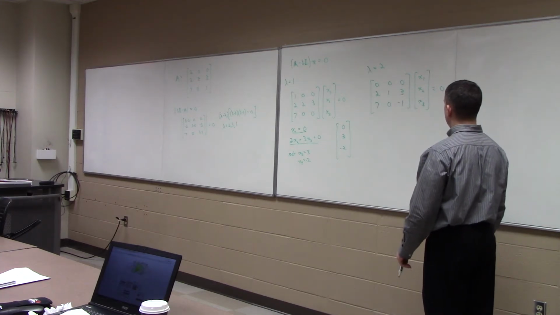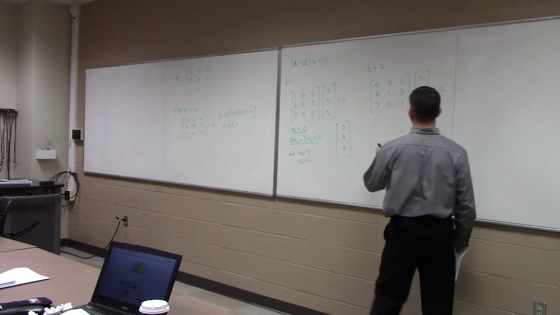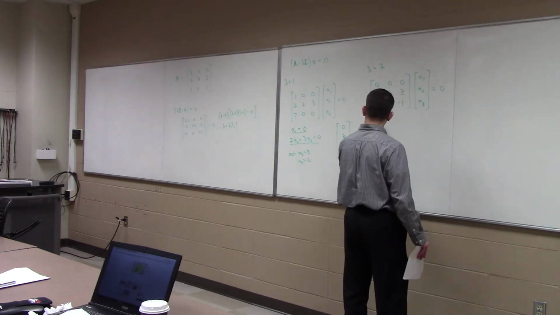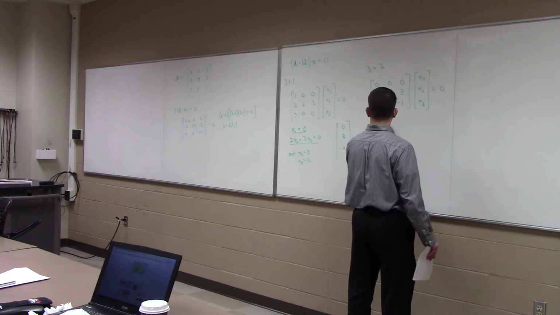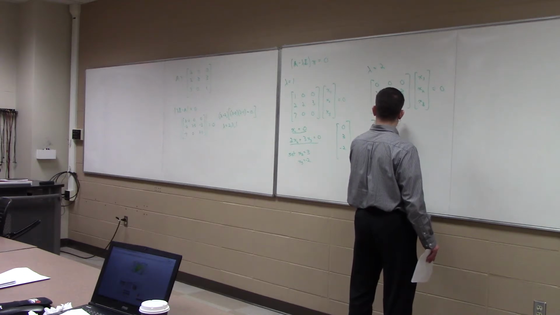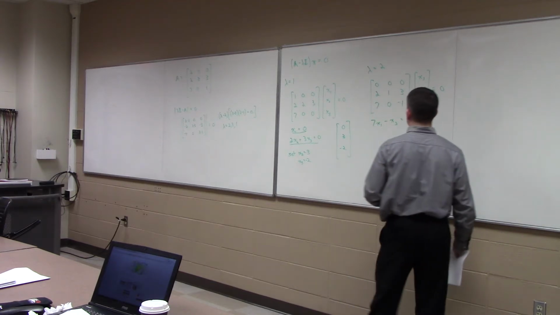The last one says that 7x1 minus x3 is equal to 0.